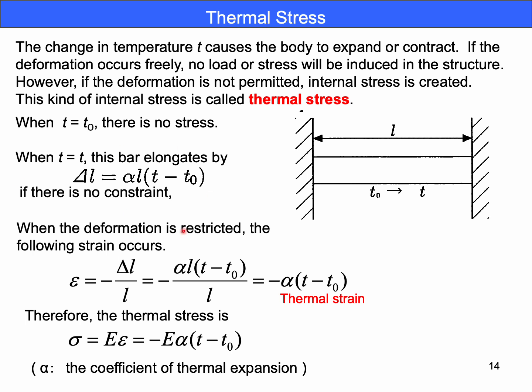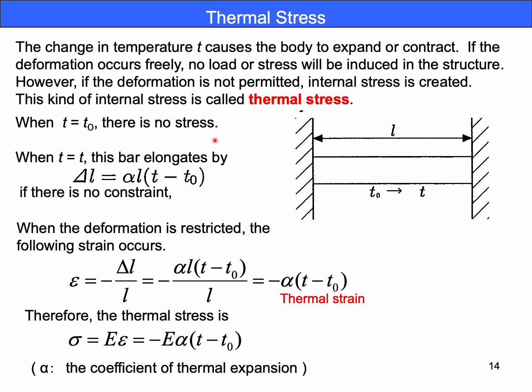So keeping this in mind, let's consider the bar may experience a temperature change from T0 to T. If the bar is not fixed and left in the atmosphere, it can expand freely in all directions. However, because in this case the bar is fixed between the rigid walls and the change in the length is kept unchanged, we can easily understand if T is greater than T0, the bar tries to expand, but in order that the bar length is kept unchanged, the bar should be compressed from both sides.